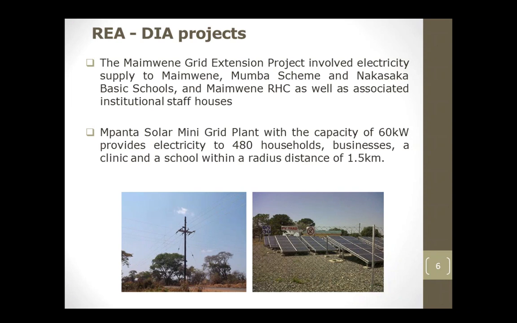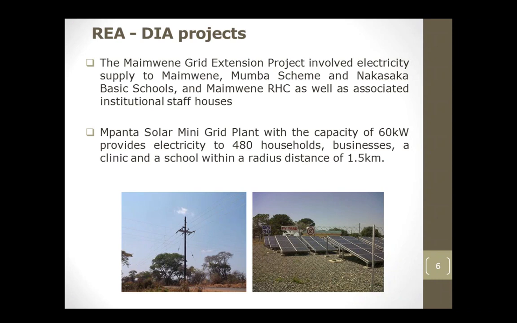Then the grid extension project with the high tension lines, which is the high voltage line. So that's Mwene grid extension and the Mpanta solar mini grid with a number of panels.